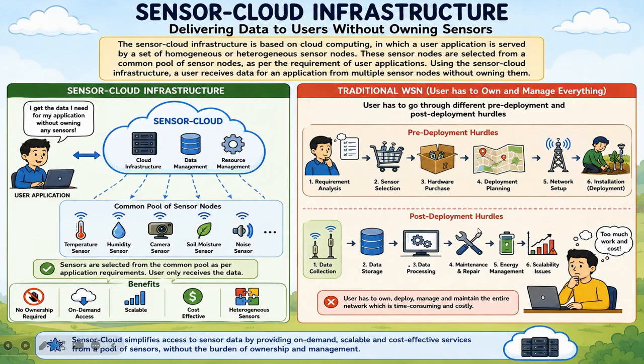Whereas in the traditional wireless sensor networks, it requires a significant effort, time, and cost for deployment and the maintenance. So here the user has to own, deploy, manage and maintain the entire network, which is time consuming and costly. Therefore, the sensor cloud system offers a simpler and more efficient solution for accessing the sensor data.